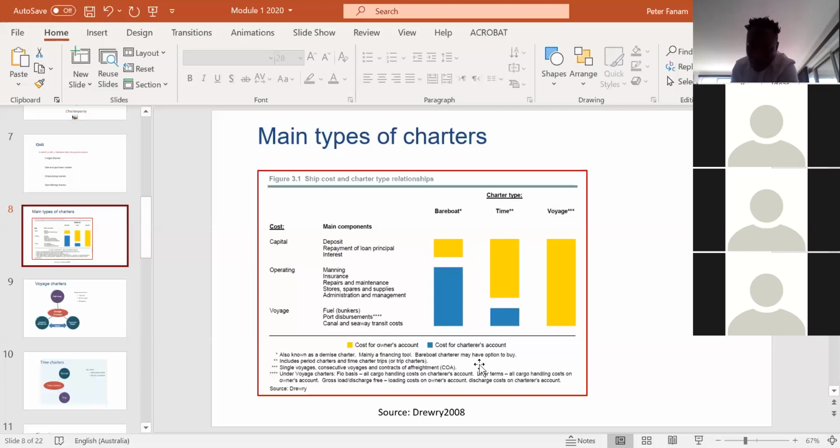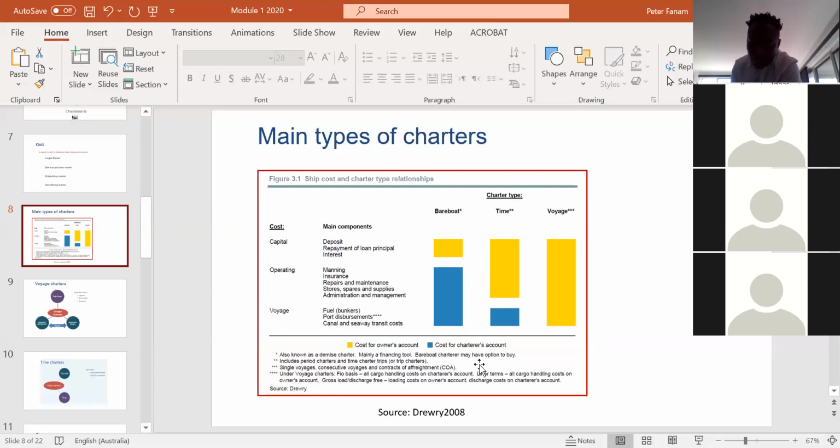All other costs like the operating cost and voyage cost, it is the charterer who is going to be responsible for, because the charterer takes control of the vessel entirely. The charterer is going to employ his crew to man the vessel. He's going to take care of the vessel insurance, the cargo insurance, repairs and maintenance.